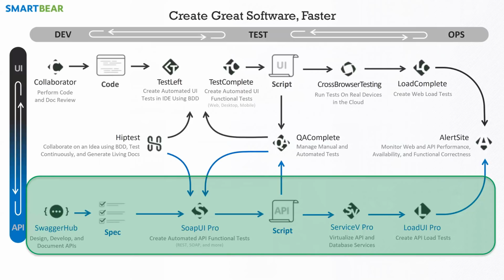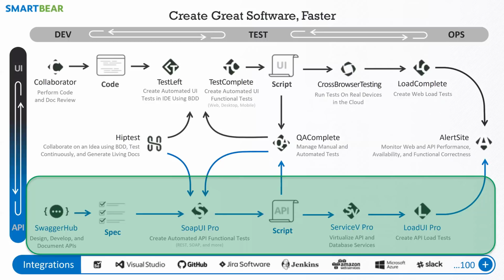The big thing I always like to point out with this slide is the reusability across these tools. We'll talk about Swagger and generating one of these specifications. That's the foundation for what we do in ServiceV. It could be the foundation for our testing and our monitoring components. This reusability plays a really important part in what we do here. Exactly, and that'll be a pretty good theme throughout the entire presentation today.